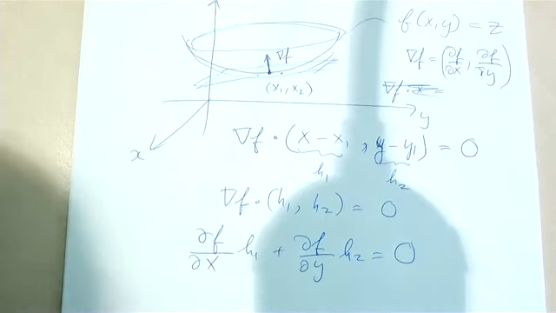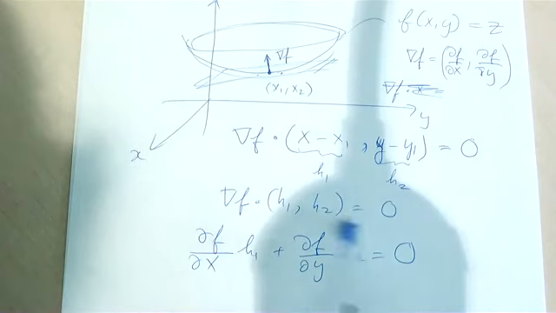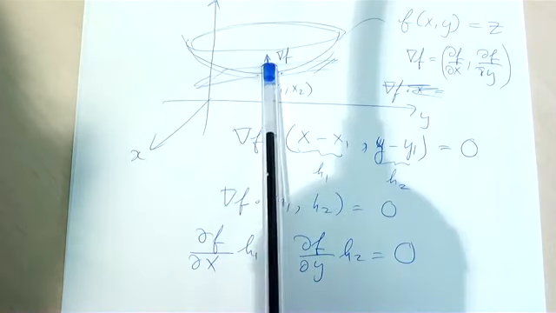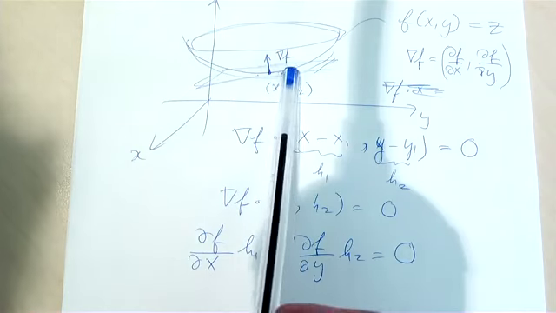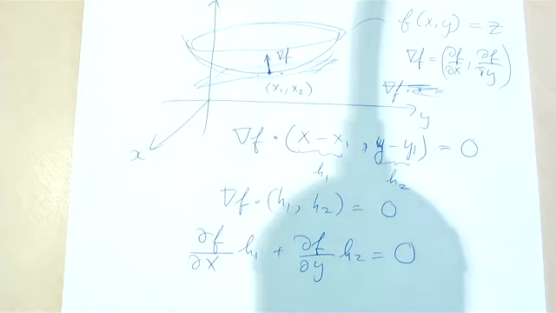So that is why we can approximate the value on the surface by the point on the tangent plane. And that is exactly here.